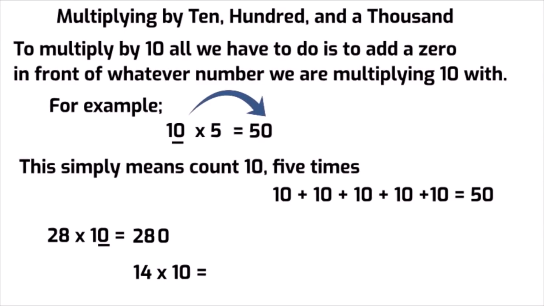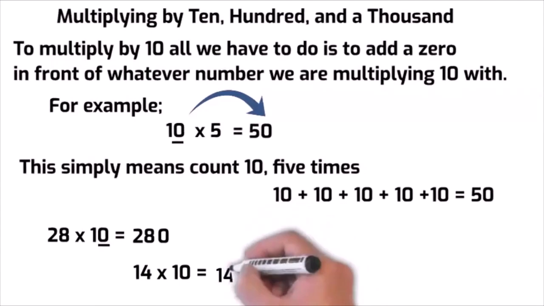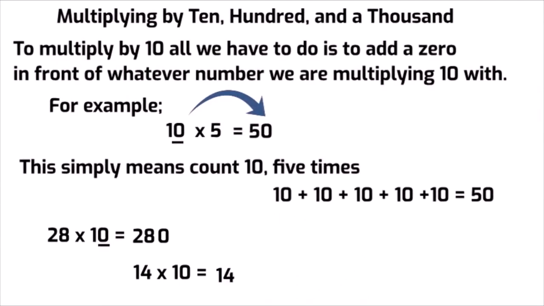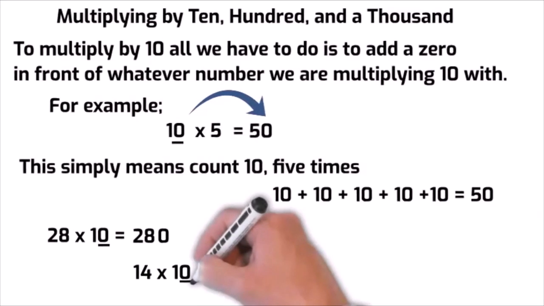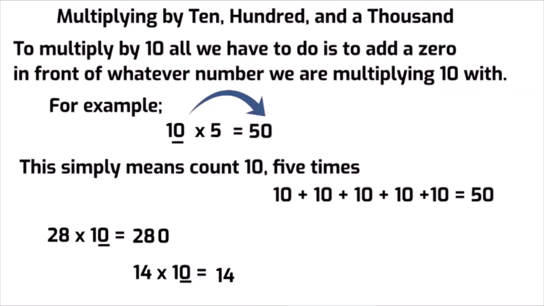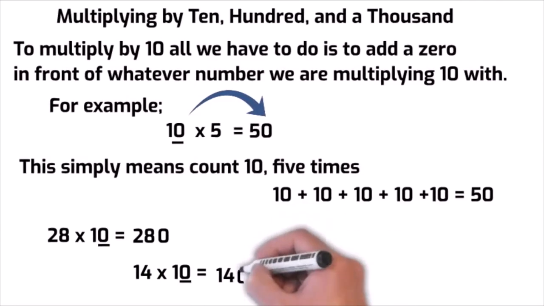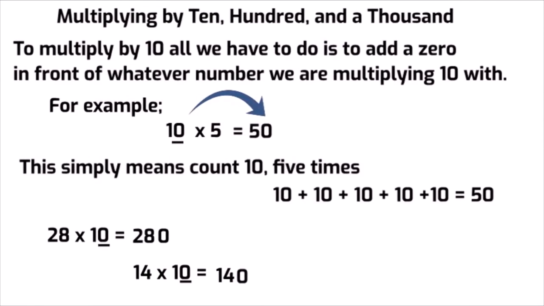First thing first, we need to write down 14 and add a 0 in front of 14. We have 140. 14 times 10 gives us 140.